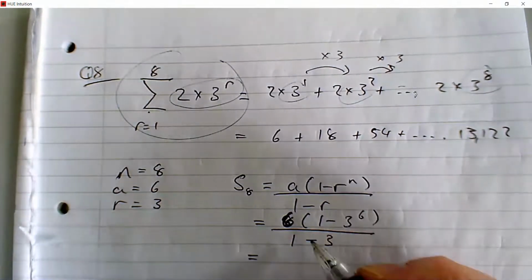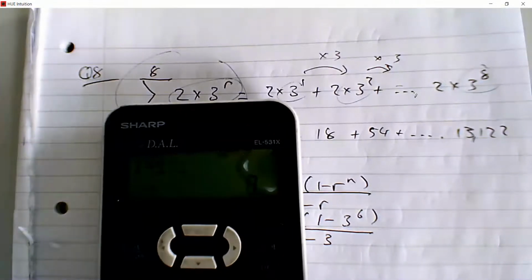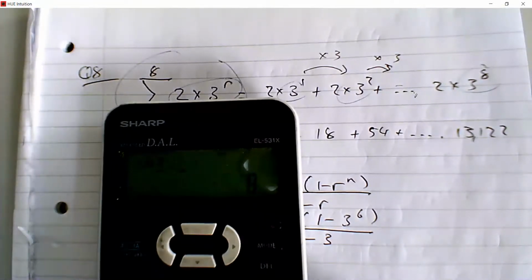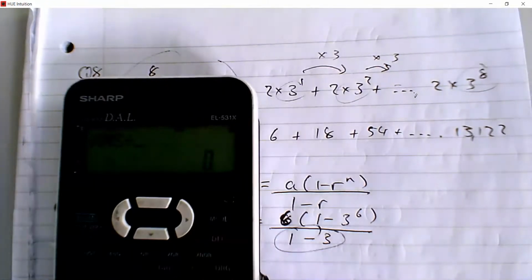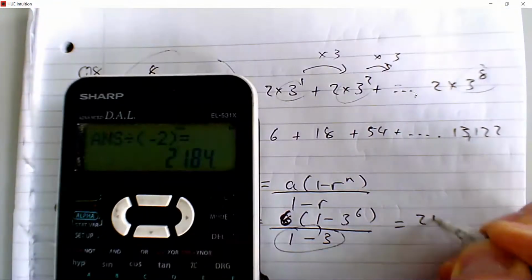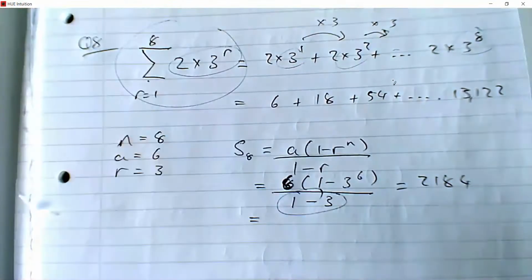So that's 6 times 1 minus 3 to the power of 6, divided by minus 2. We get 2184. So that's question 8 done there.